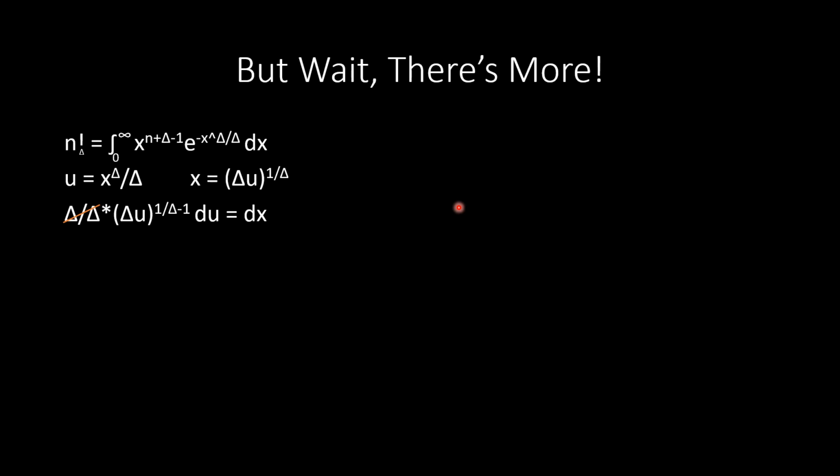So what we're left with, when we distribute the x being this delta root of delta u, is the integral of delta u to the n minus 1 over delta plus 1 times e to the minus u times delta u to the power of 1 over delta minus 1 du, where I've gone ahead and taken the liberty of taking out this factor 1, where it's delta over delta when we replace the x with the u.